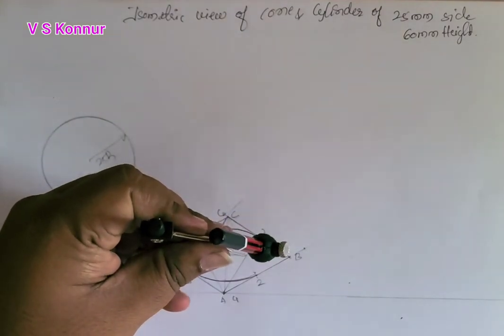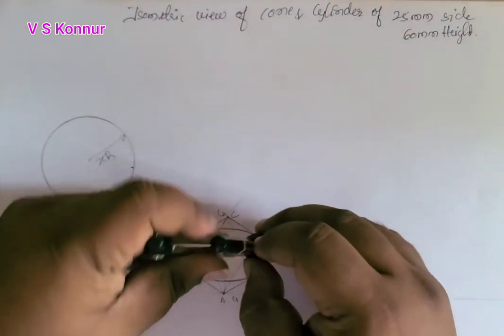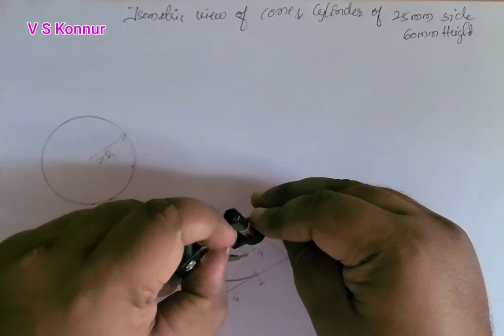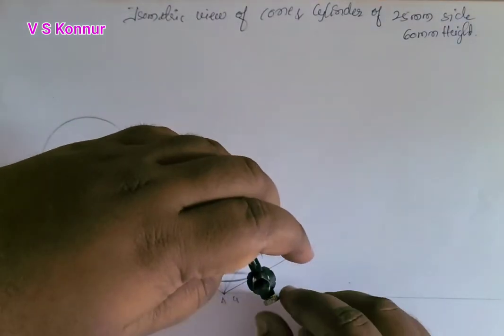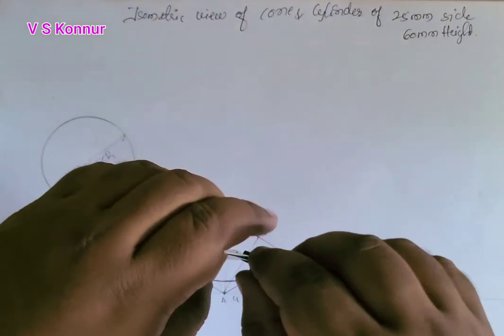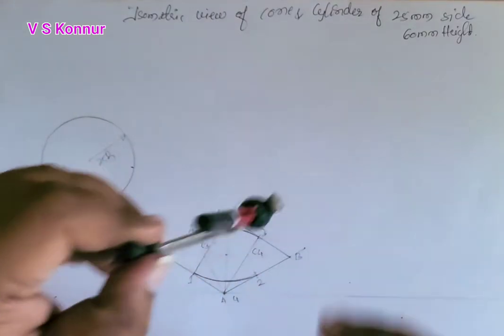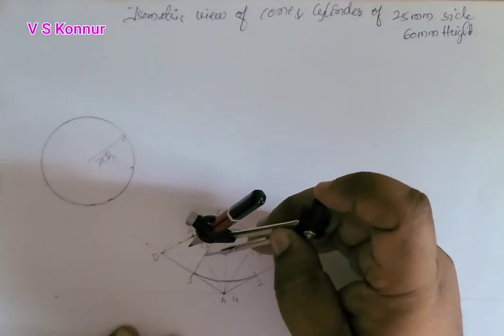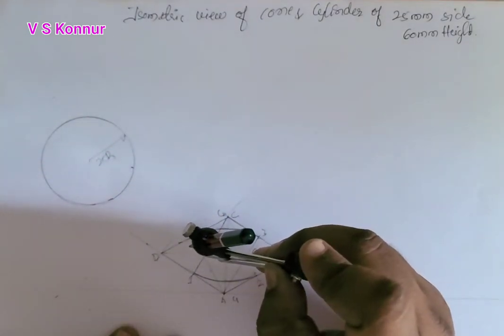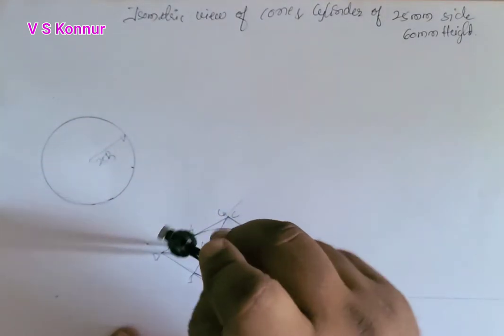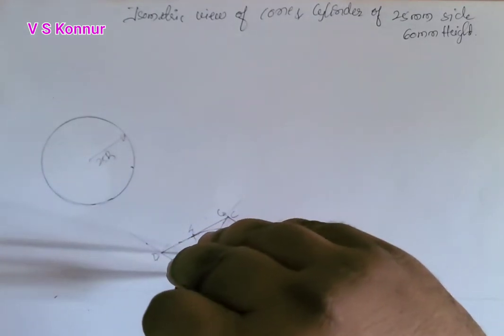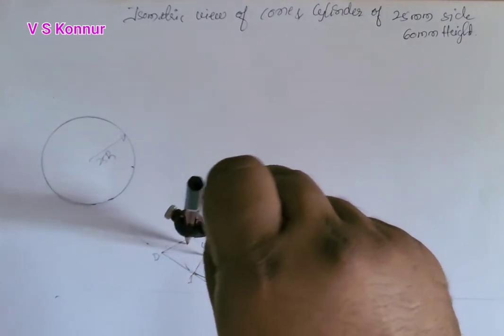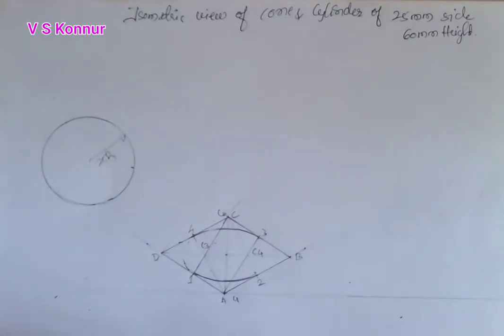Now by keeping at C4 and taking the distance of third or fourth, you have to draw the arc. And also from 1, you have to draw the arc.